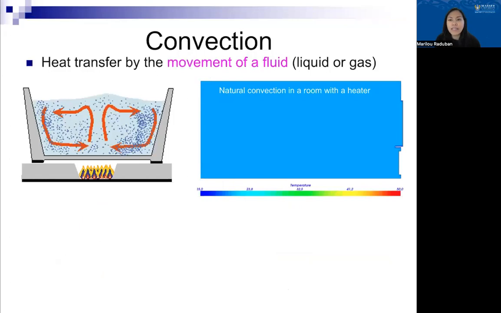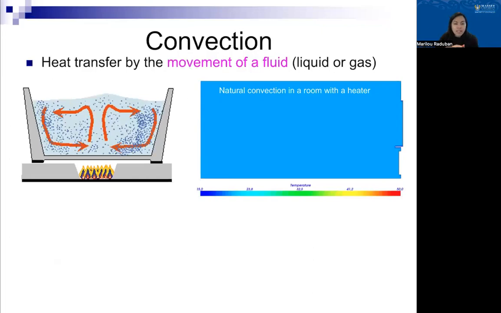Okay, so the second heat transfer mechanism is convection. In convection, heat is transferred via the movement of a fluid, a liquid or gas. Conduction usually happens between solids because then the solids are in contact. But conduction can also happen between liquids.